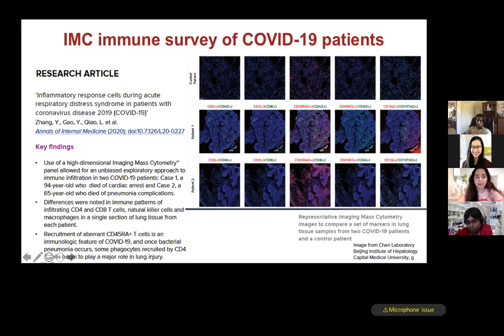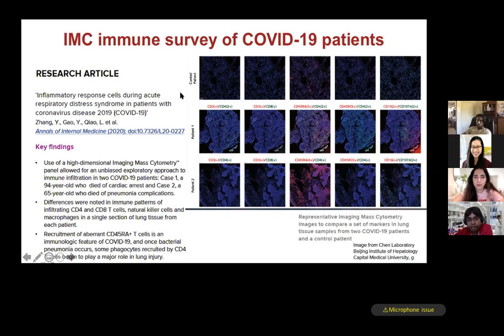And you would see that immune cell profiling between these two is very different as well. It's very different compared to the control patient or a healthy individual. So definitely immune cell infiltration can be seen with IMC. This is the power of this technology.